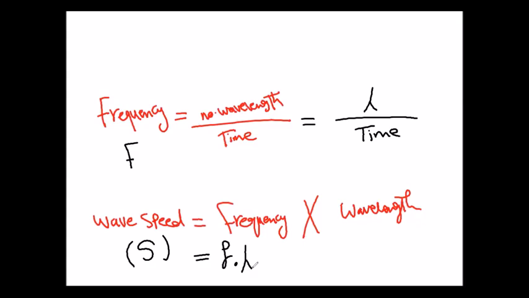The frequency is with F. The wave speed, we can say S. So it equals frequency multiplied by lambda. But if we're using symbols like that, we don't put an X or the multiply symbol between them, because here it will be considered an X, like an unknown thing.